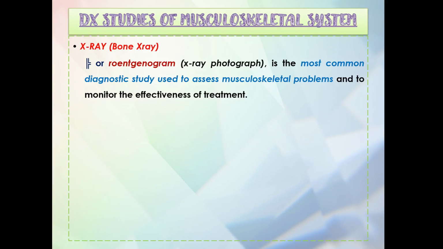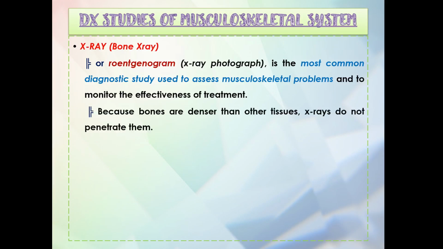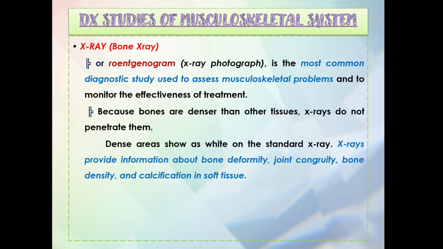Okay, specifically, this is bone X-ray. So, ito talaga yung common na ginagamit in the hospital to identify, for example, any bone problem or bone fracture. Because bones are denser than other tissues, X-rays do not penetrate them. So dense areas show as white on the standard X-ray.